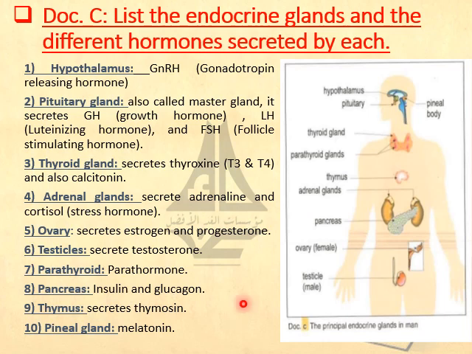Before mentioning some endocrine glands found in our body and the different hormones secreted by each, I'm going to remind you with what we have studied till now. We defined an endocrine gland and an exocrine gland, and we identified what we mean by hormone.